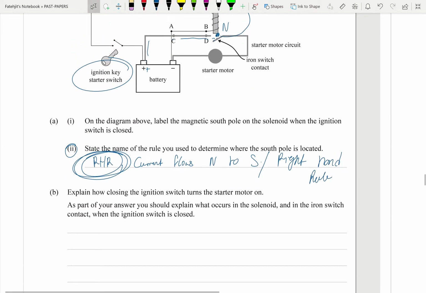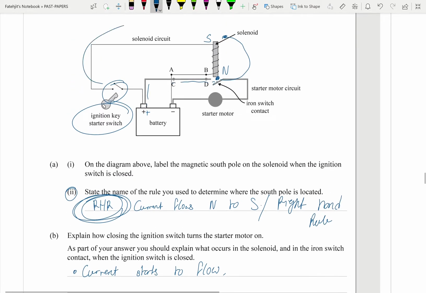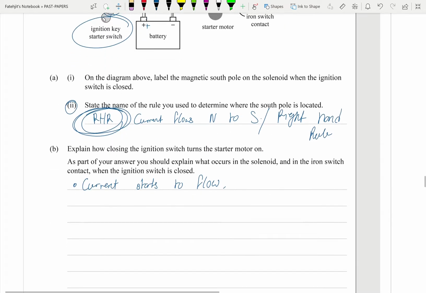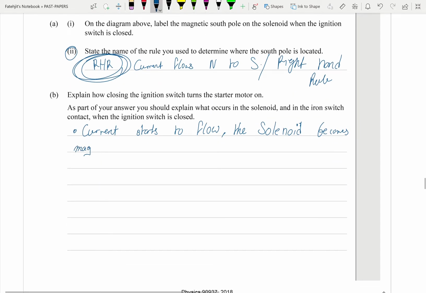So when this switch here is closed, we can say that the current starts to flow through the circuit, and as the current flows through the circuit, the solenoid becomes magnetic.